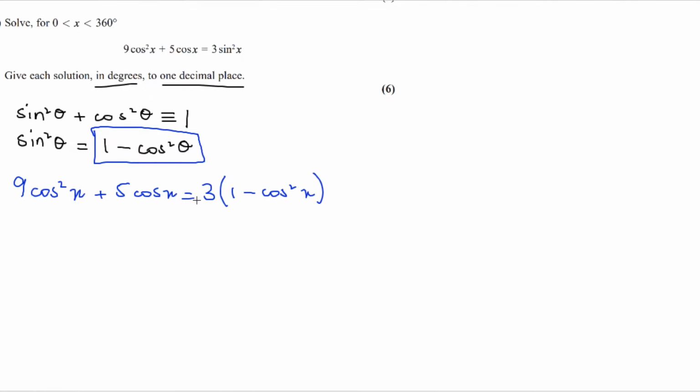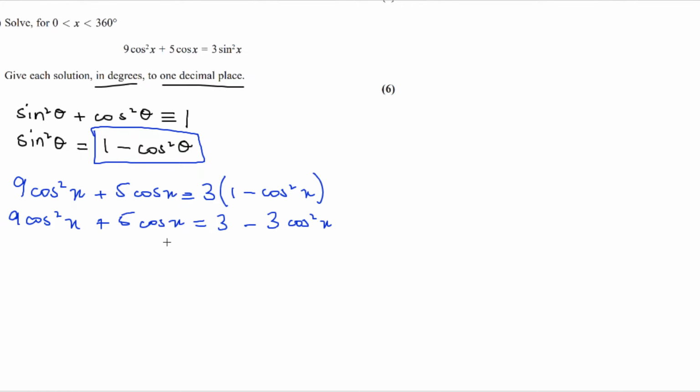Now open this bracket, so we've got 3 minus 3 cos squared x. I'm going to write that step and not skip it, because I might end up making silly mistakes, so it's better to write all the steps. 3 minus 3 cos squared x.